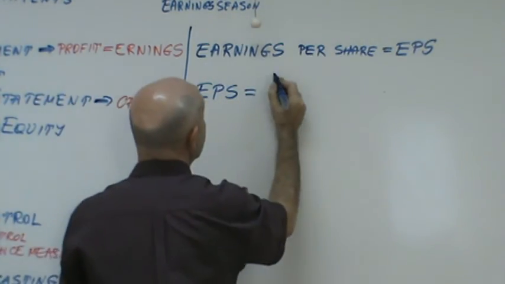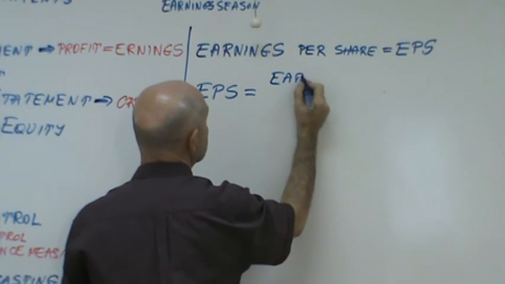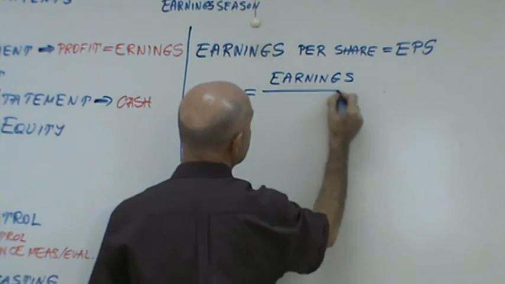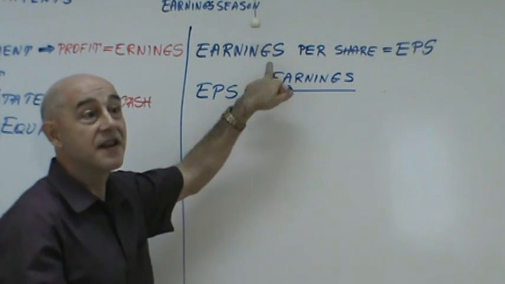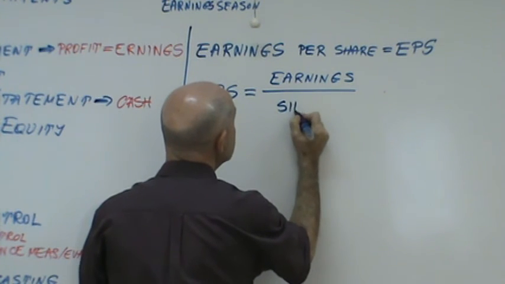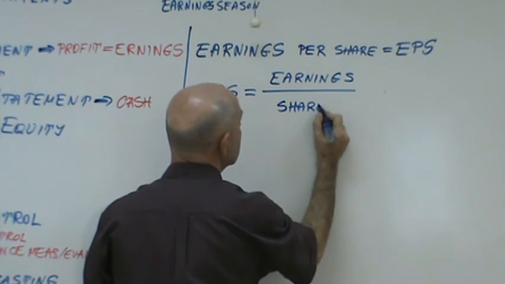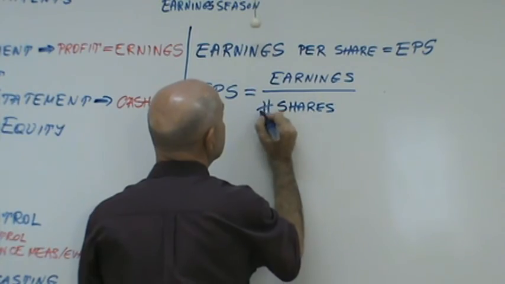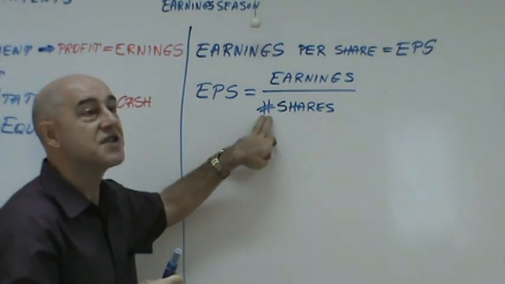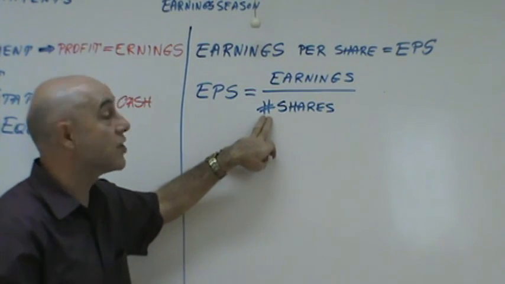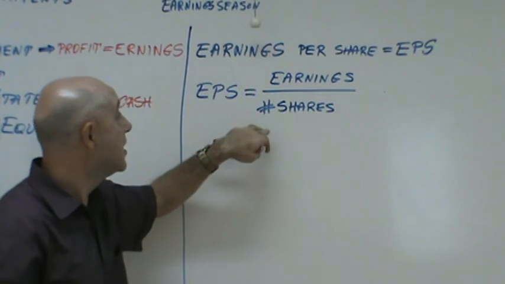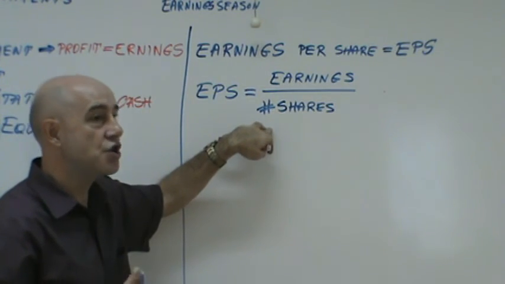It's simply earnings, for which you will write net income, divided by the number of shares. Sometimes you say number of outstanding shares or number of total shares. That's a little confusing. I don't want to get into it. This is earnings per share.